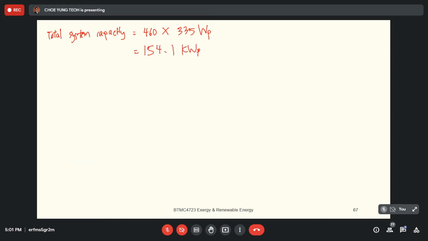So if we fully utilize the area in block N, we should have the total system capacity of 154.1 kilowatt peak. After this, you have to calculate the system loss.